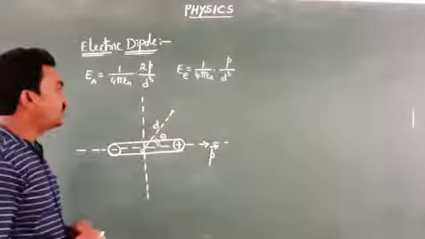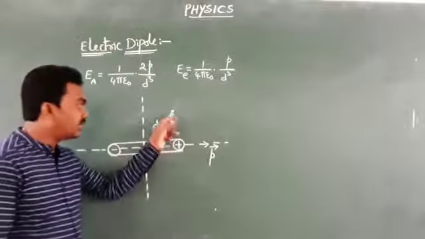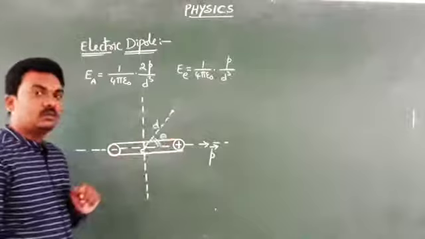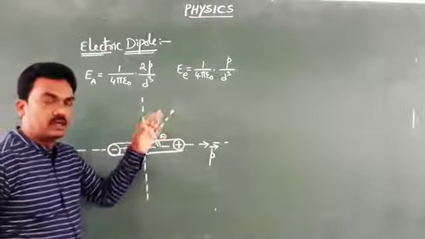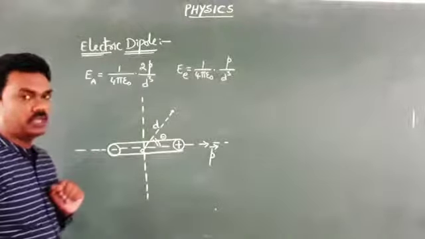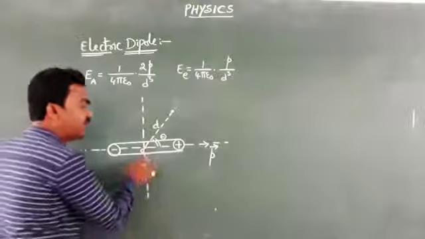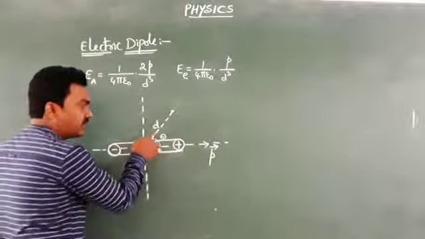Then in what manner? To find the electric field intensity at that particular point, what are we going to do? This is not a point on the axial line or on the equatorial line. That's the reason why I suppose my dipole moment vector p bar is directed like this at an angle theta with this line.